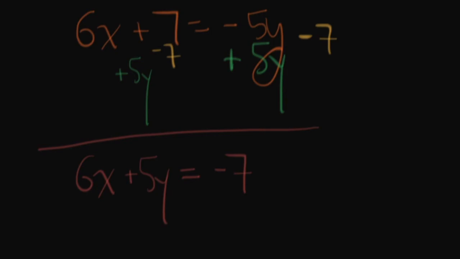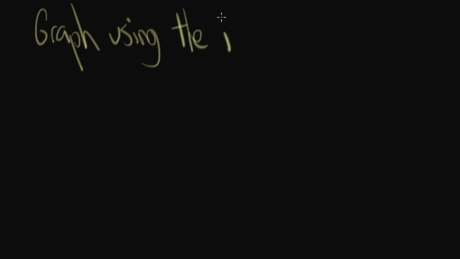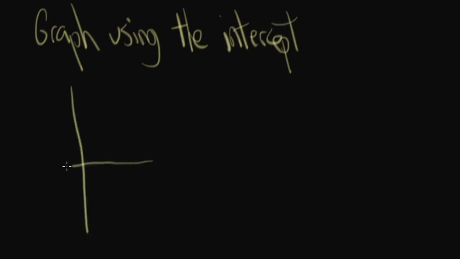Now, when it comes to actually doing equations and graphing, you're going to see something that will probably say, graph using the intercepts. So first off, we have to make sure that we know what the x-intercept is and the y-intercept.